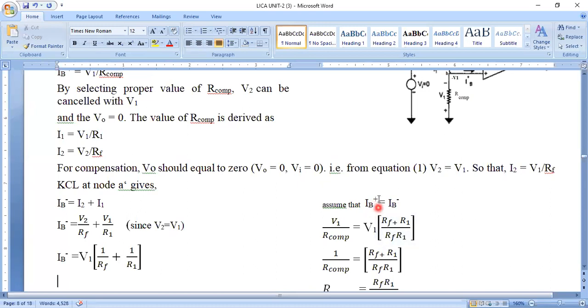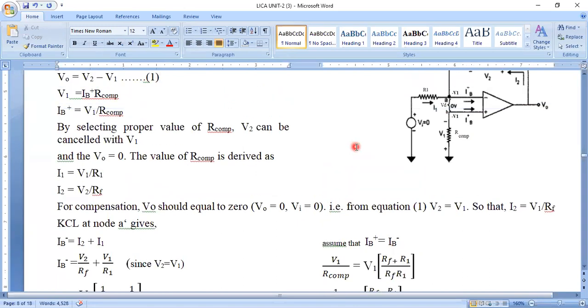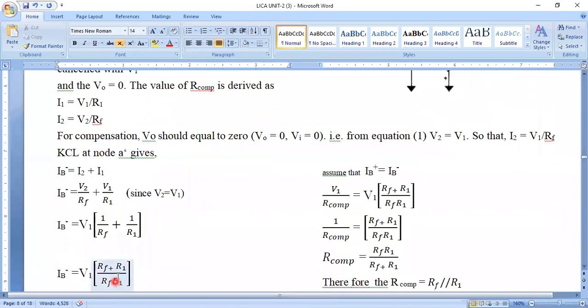IB plus is the base current flowing through the non-inverting terminal, equal to V1 divided by R compensating. This is equal to IB minus, whose value we already derived here.